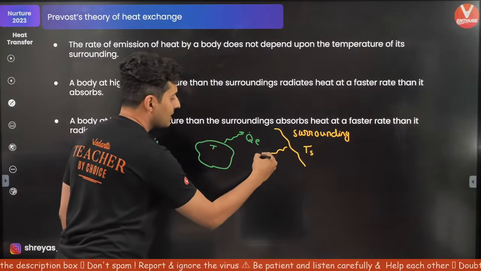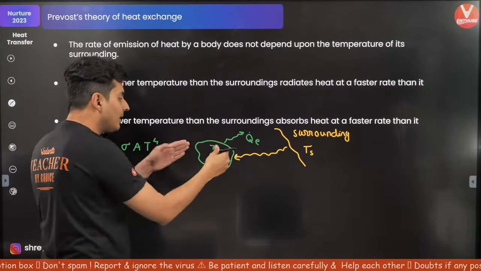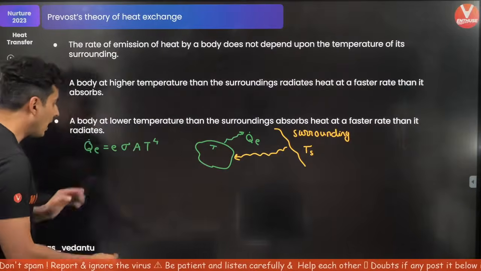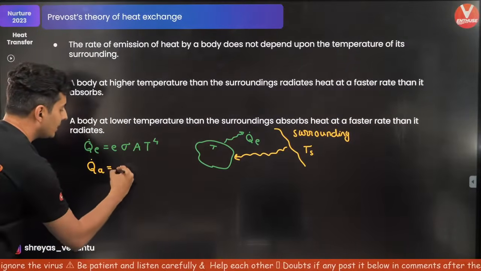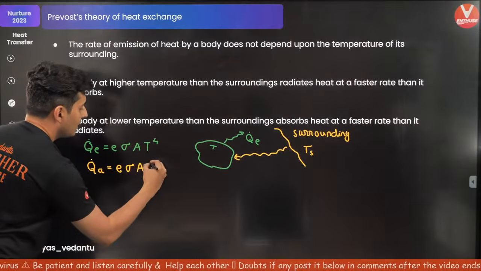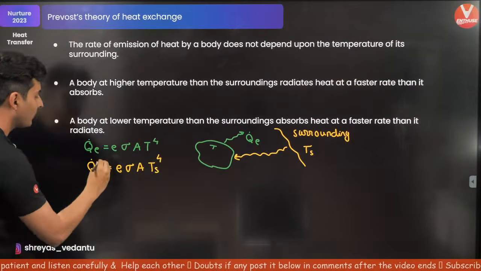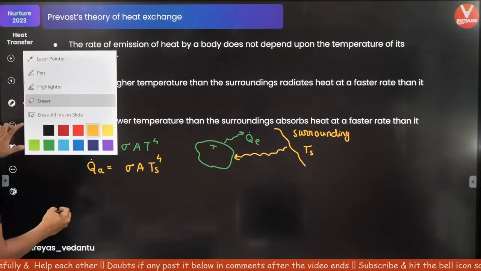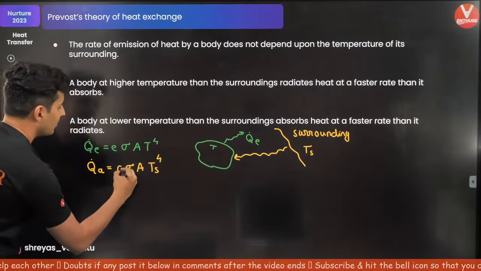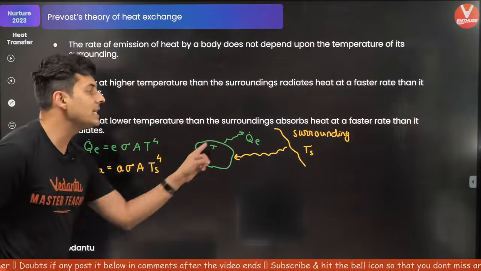That radiation from the surrounding might be entering the body. So the amount of energy absorbed will be, actually not E but A, so it is A sigma A Ts raised to 4.